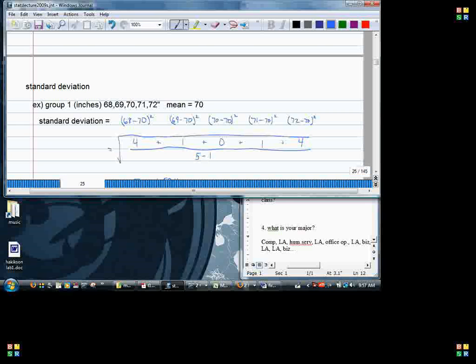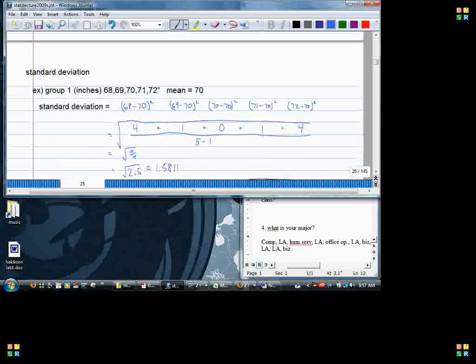And then we're going to take the square root of this whole thing. So this winds up being the square root of 10 divided by 4. Square root of 2.5, which is approximately 1.5811.